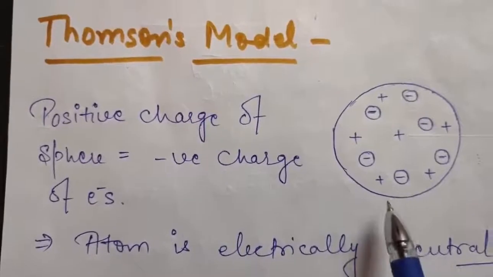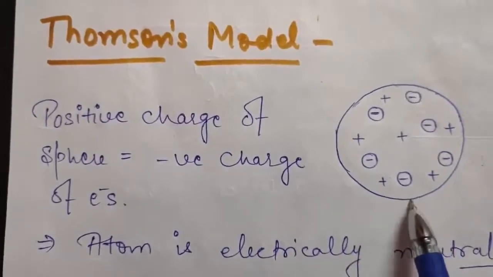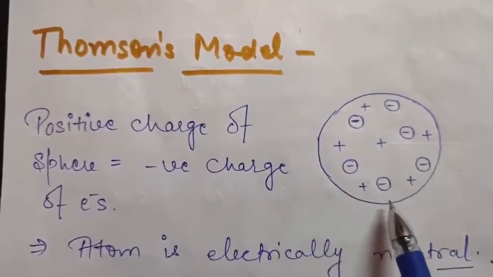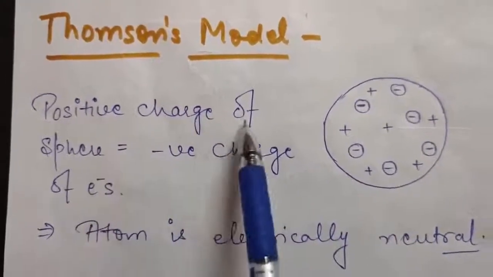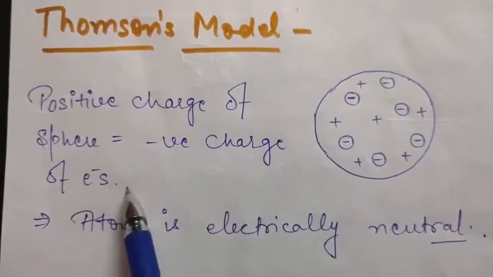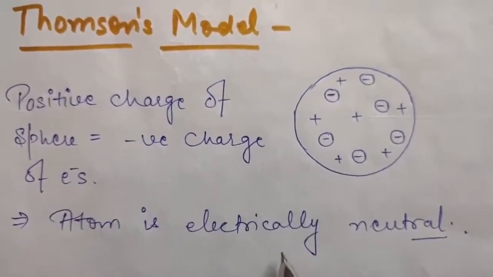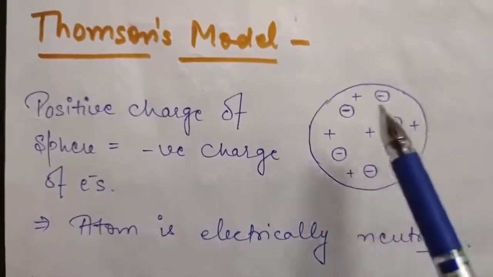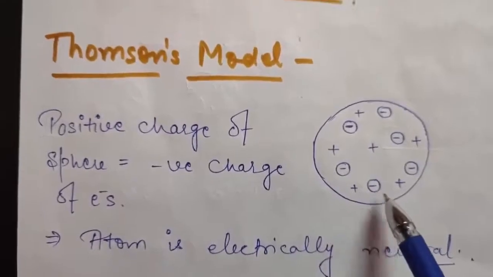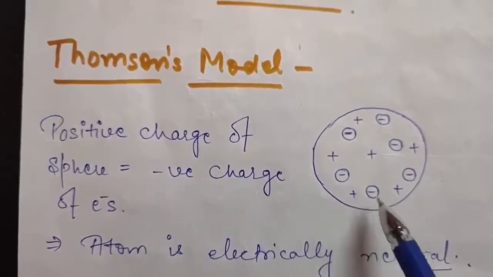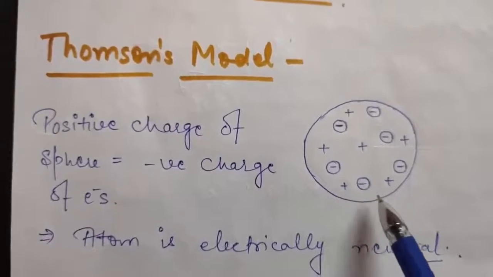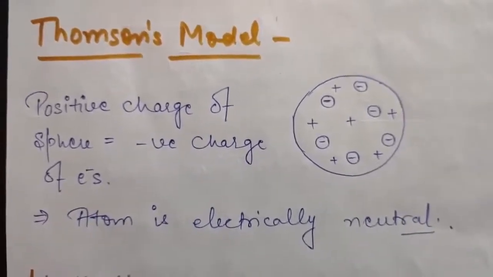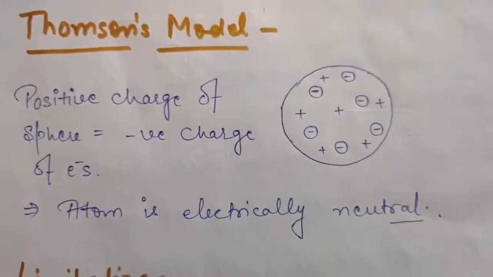So it was said that this atom is electrically neutral, that is, the negative charge of the electrons should be equal to the positive charge of this sphere, which will make the atom electrically neutral. According to Thomson, the entire mass and charge was uniformly distributed inside this model.